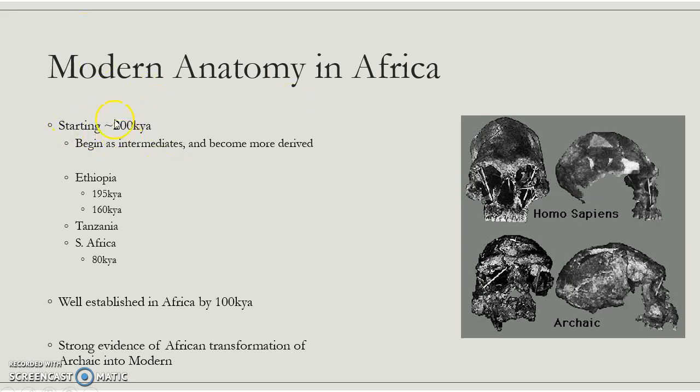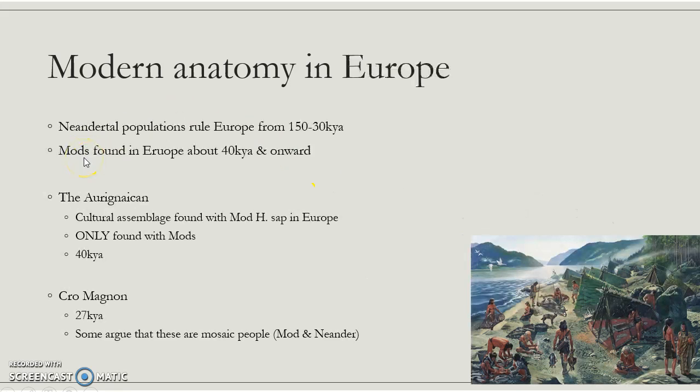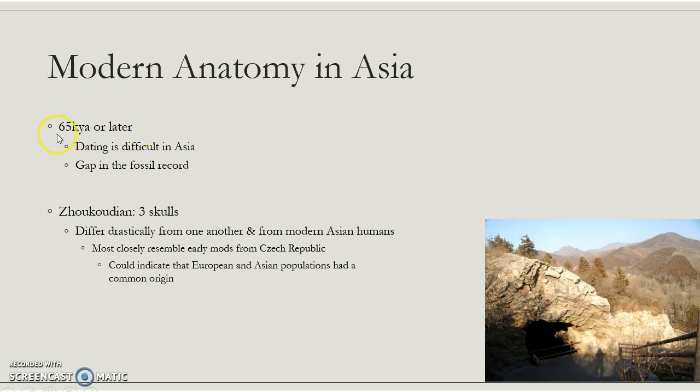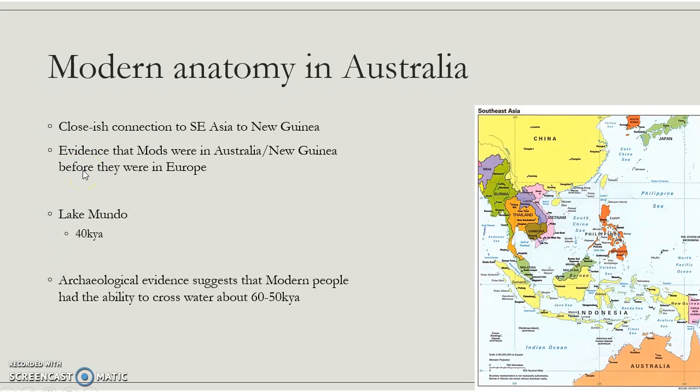In Africa, we find modern human skeletons that are around 200,000 years old. In the Near East, around 100,000 years old. In Europe, around 40,000 years ago. In Asia, around 65,000 years ago. Southeast Asia, 40,000 years. And Australia, around 40,000 years.